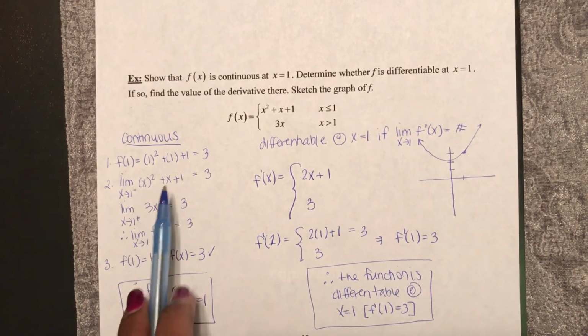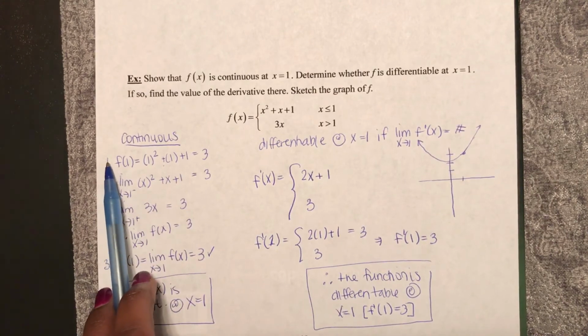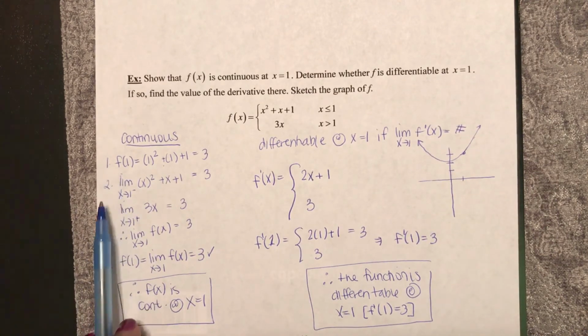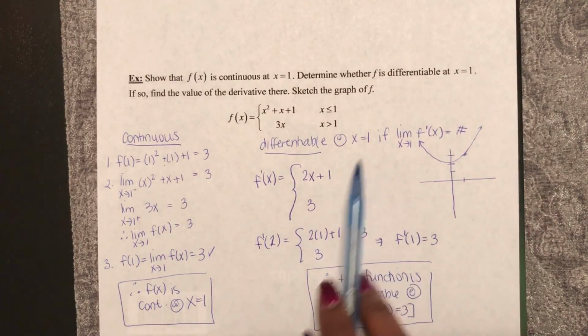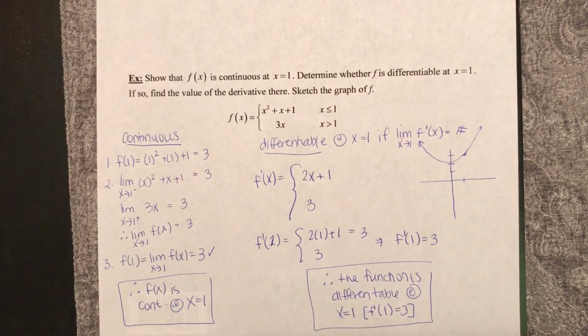So we must check continuity in this formal way of these 3 steps, and then check differentiability by checking both sides of the limit of the derivative to be the same.